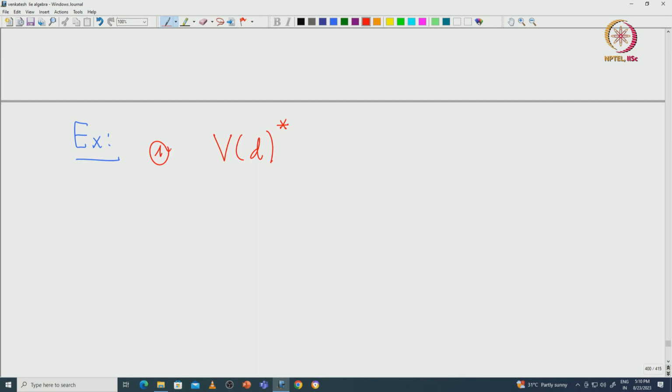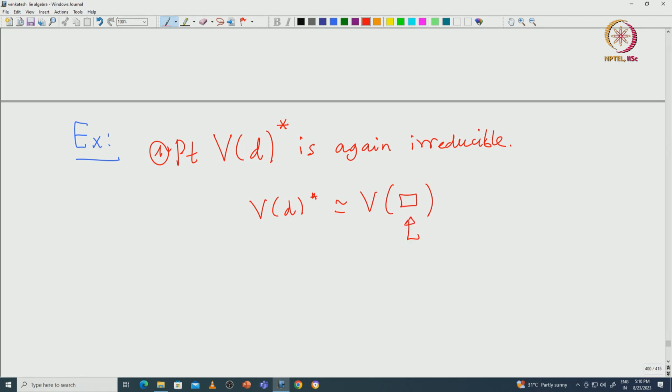The very first exercise: prove that this V_d star is again irreducible. Because it is irreducible, V_d star must be isomorphic to some V of something. I let you figure out what that is. It is going to be some natural number, sorry, non-negative integer.